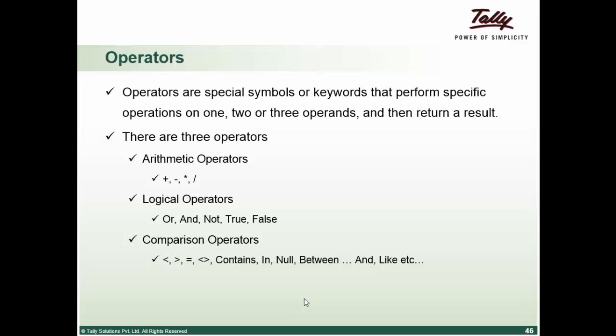The arithmetic operators supported in TDL are the plus sign, minus sign, division sign, and multiplication. So that's plus, minus, asterisk, and slash. The logical operators we have are or, and, not, true, on, off, false, no. So these are all logical operators.